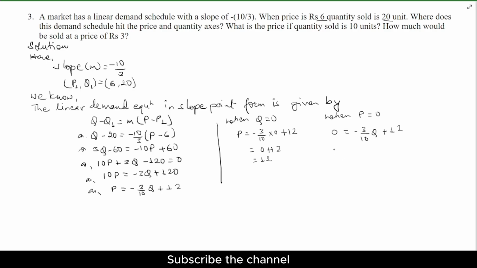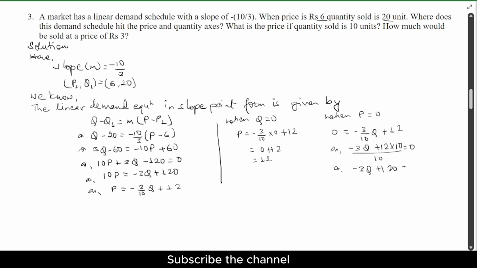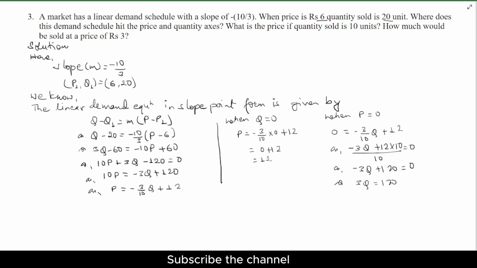What you will get? Minus 3Q plus 12 into 10 equals 0, or minus 3Q plus 120 equals 0, or 3Q equals 120, or Q equals 40.